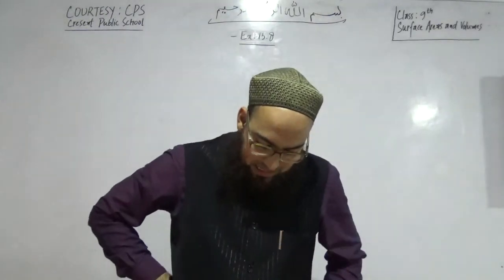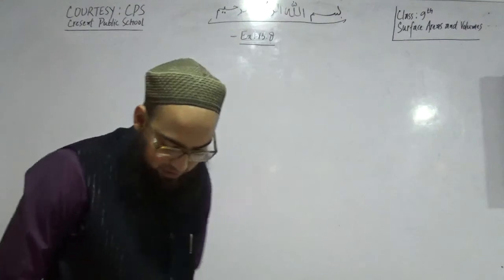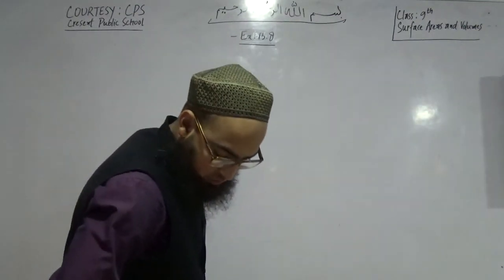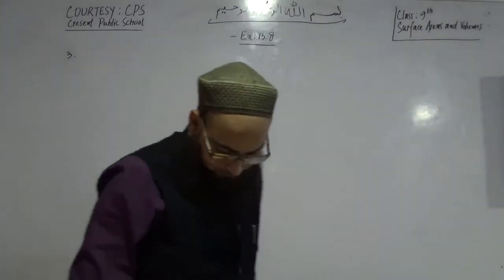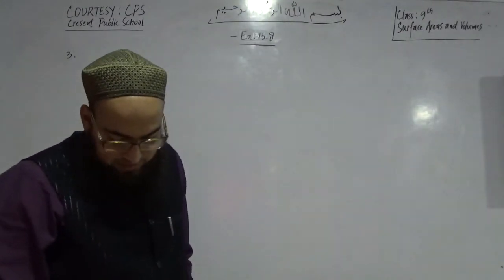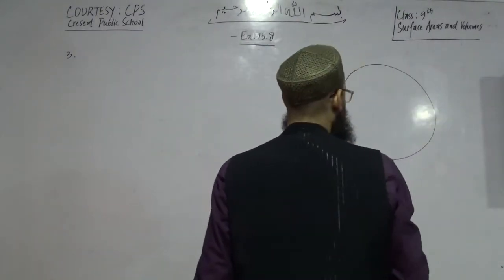The diameter of a metallic ball is 4.2 centimeter. What is the mass of the ball, if the density of the metal is 8.9 gram per cubic centimeter. It's a very good question. Let me show you the third one. We have a metallic ball.